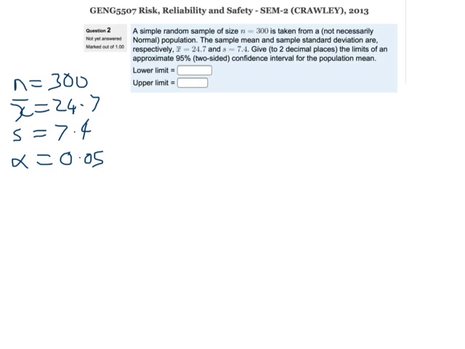So what we do is we say that mu is going to be equal to, again, x bar plus or minus the t-score with alpha on 2 and n-1 degrees of freedom multiplied by s over root n, and that's going to be our error.